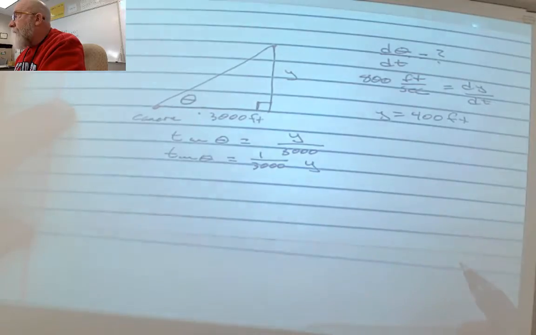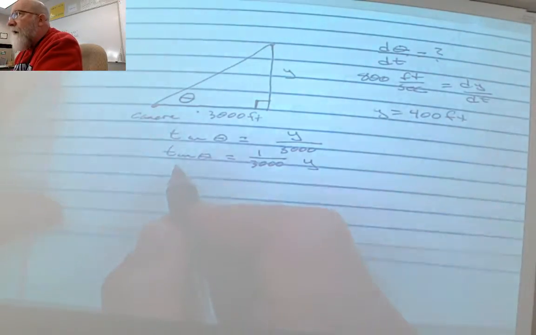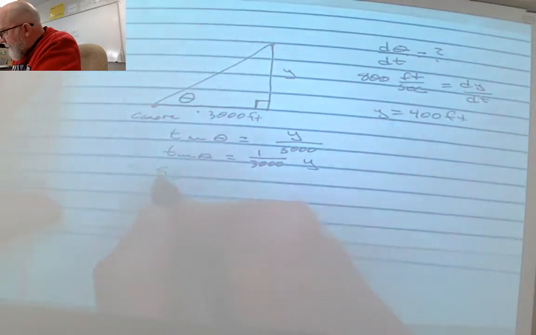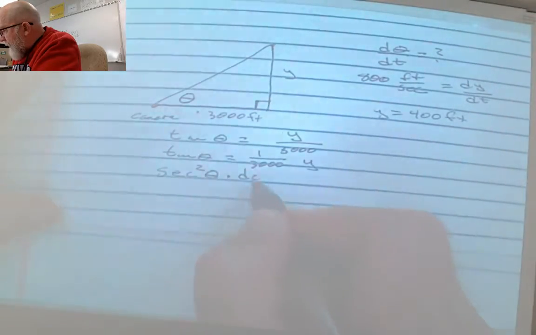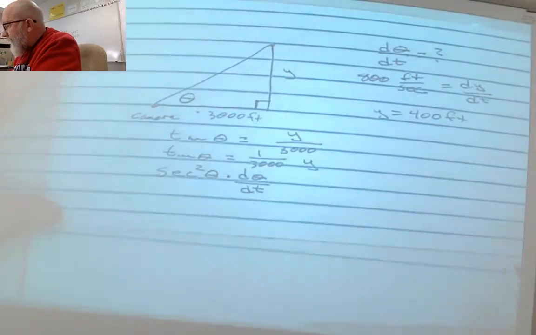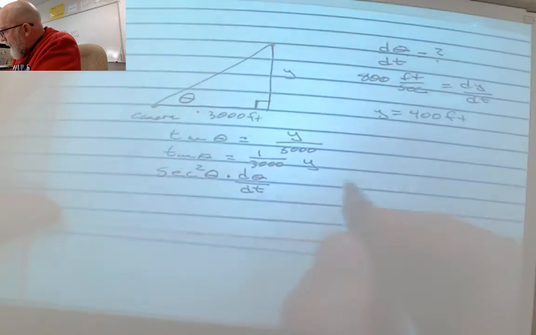Now I'm going to take the derivative. What is the derivative of tangent? It's one you have to have memorized. Secant squared times d theta/dt, which is what I want, equals 1 over 3,000 dy/dt.